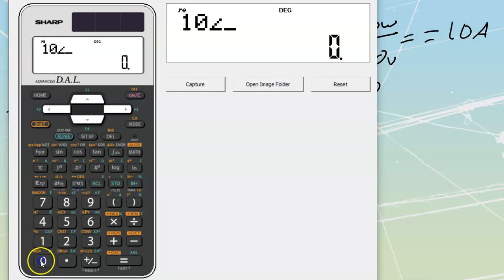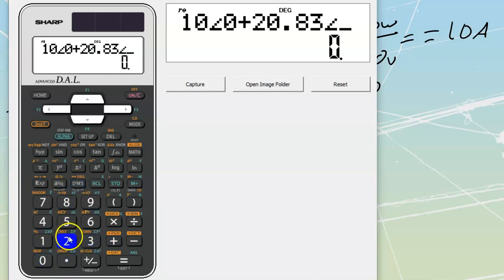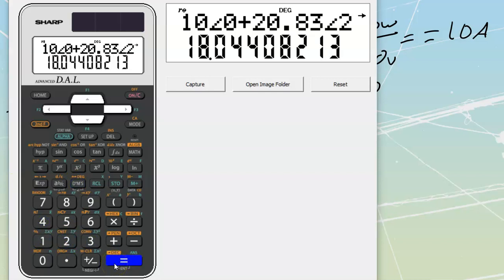10 angle 0 plus 20.83 angle 240, or -120, it's up to you, you can punch either in. And we see that now our current is going to be a value between those two. It's not reaching the full value, but it's somewhere close to it. 18 amps is what we are going to have, and it's happening at an angle of -90.